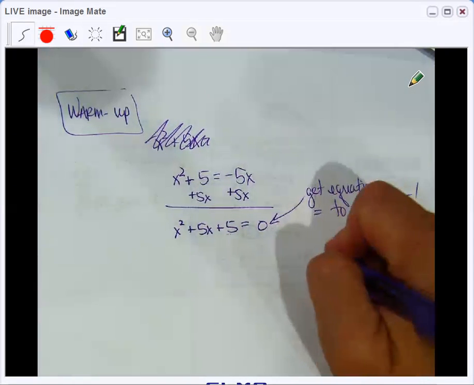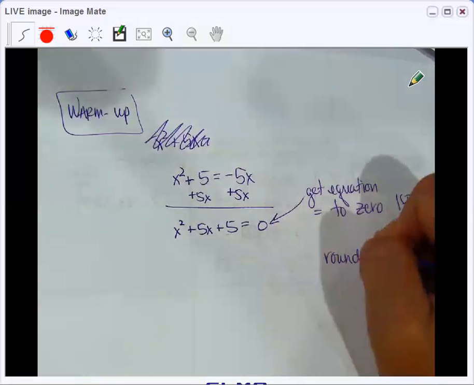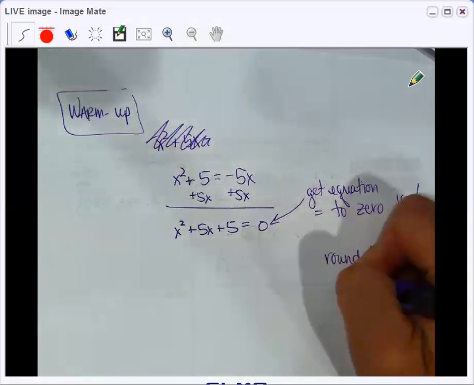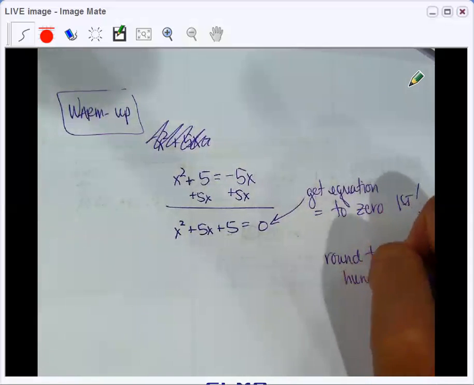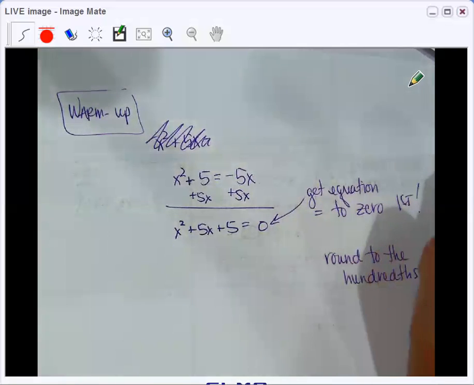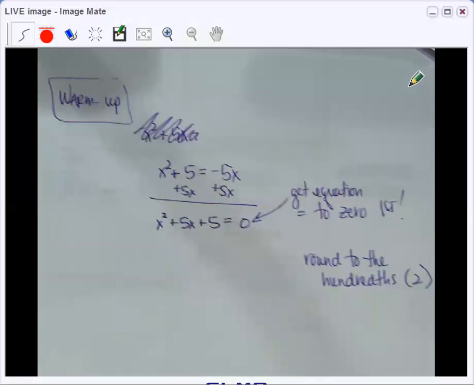And when we get done, go ahead and round to the hundredths, which is 2 decimal places.